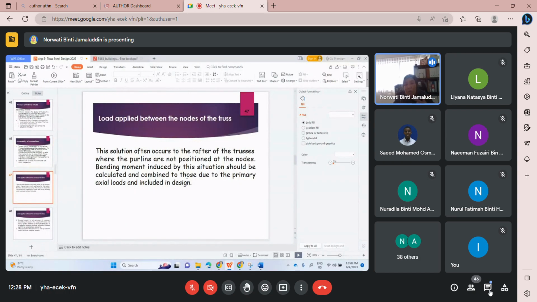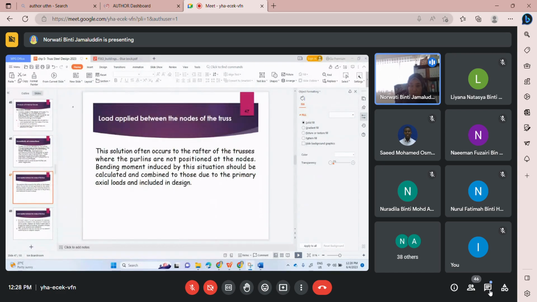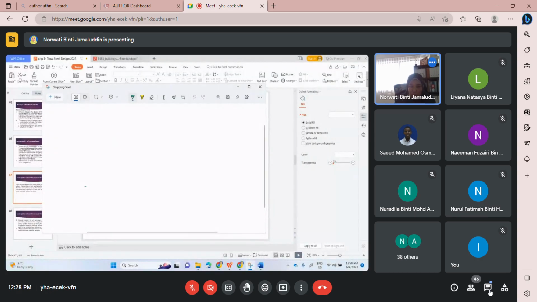Load at a node also creates secondary stresses. But the secondary stresses in this case, where the purlin is not located at nodes, will only affect the rafter member.